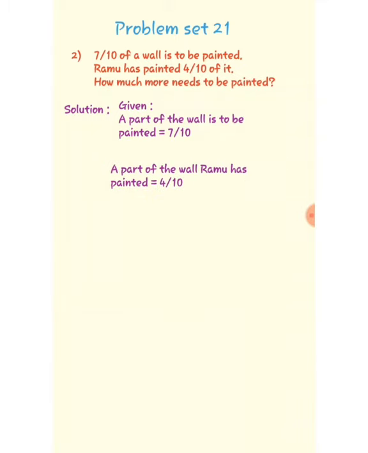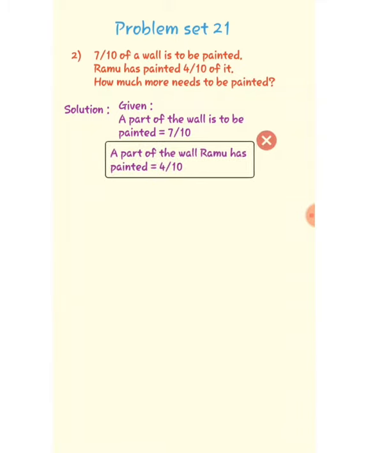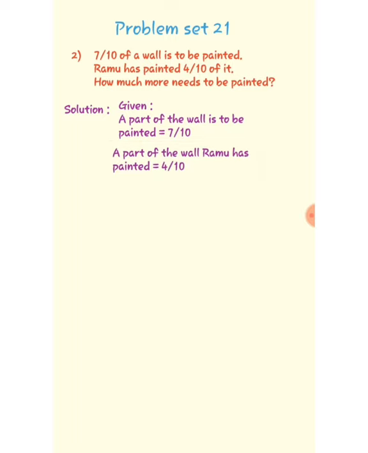So you can easily see that the total part of the wall to be painted is 7 upon 10. Out of 7 upon 10, Ramu has already painted 4 upon 10. So we have to find out how much more needs to be painted.